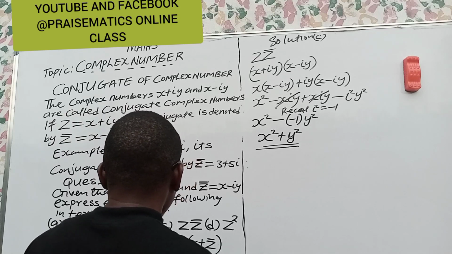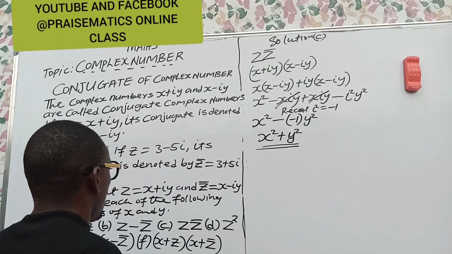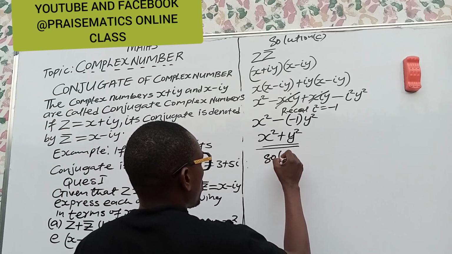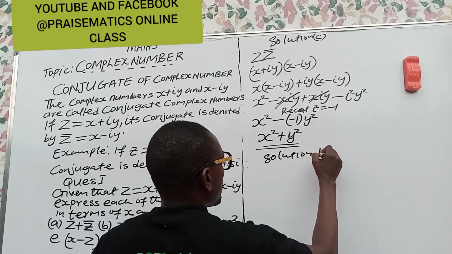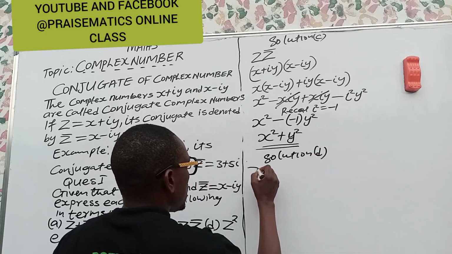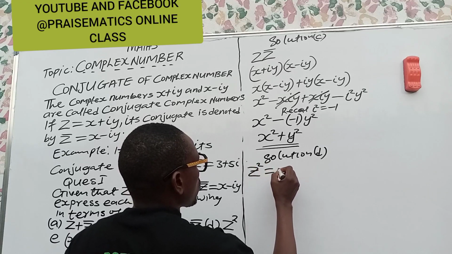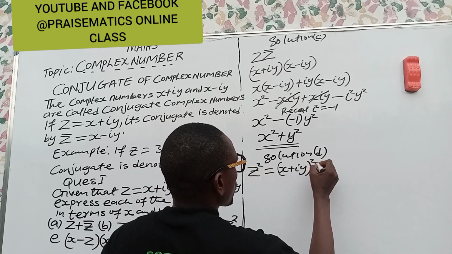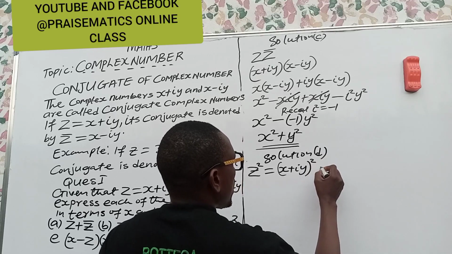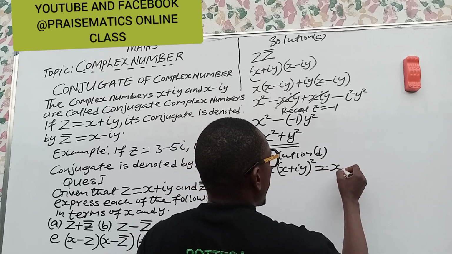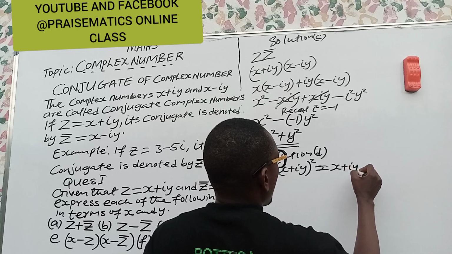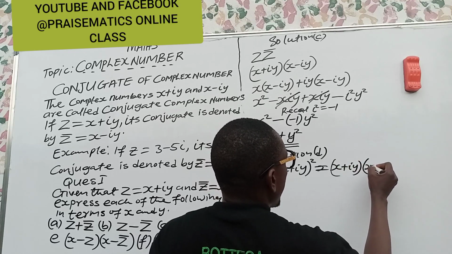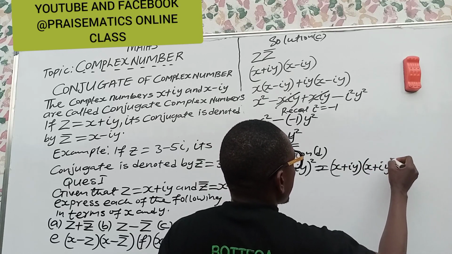Okay. Now let's solve for solution D. They say z squared. z squared means x plus iy all squared, which implies x plus iy into x plus iy.